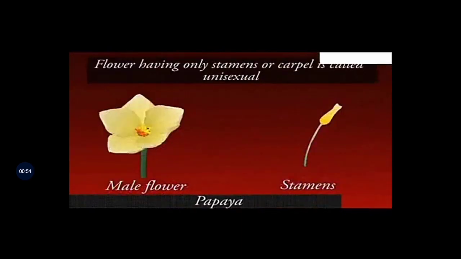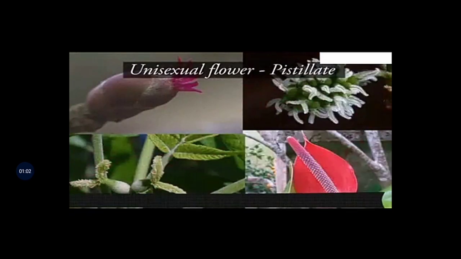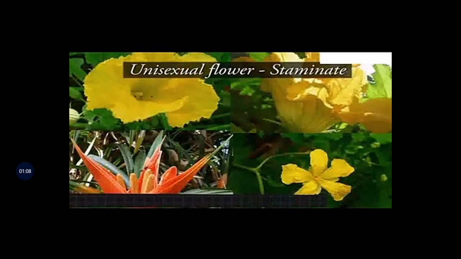When only stamens or carpels are present in a flower, the flower is said to be unisexual. A unisexual flower may therefore be pistillate, that is female, or staminate, that is male. In these flowers, the reproductive structure is either functionally male or functionally female.